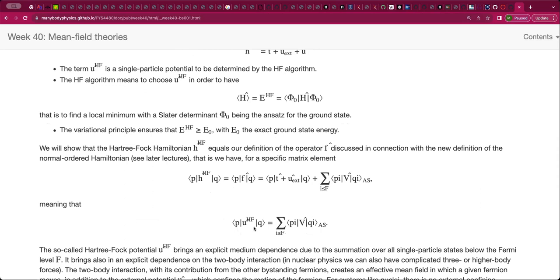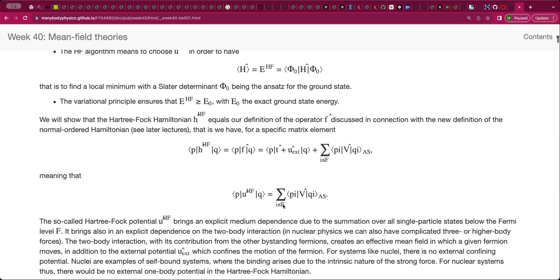And it's common to label this Hartree-Fock potential as the contribution which comes from the two-body interaction, or perhaps if you have more than two-body interactions, it would also include three-body interactions, etc. But in this course, we're mainly going to limit ourselves to two-body interactions.